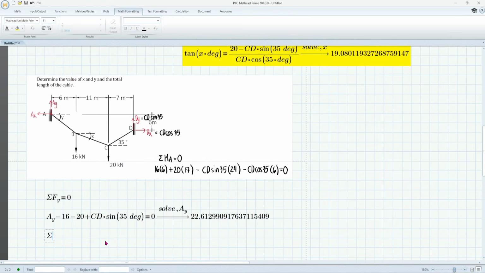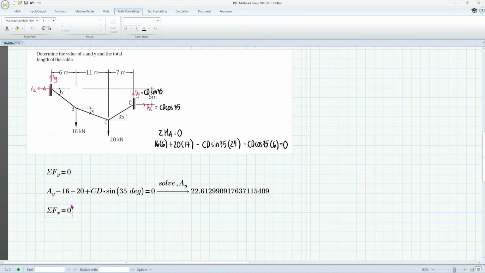Then, summation of forces along x naman equal to 0. We have AX acting to the left, negative. Then, this will just be equal to DX. Essentially, since AX and DX are the only horizontal forces acting externally, we can just equate them.